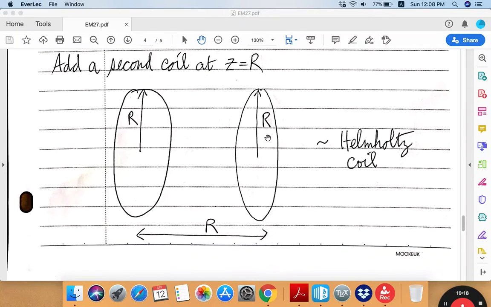So his suggestion was to create an identical coil, both having the same radius r, and you put them in tandem with the separation also equal to the radius of the ring. And ask yourself, what is the magnetic field right down the middle between the two rings?